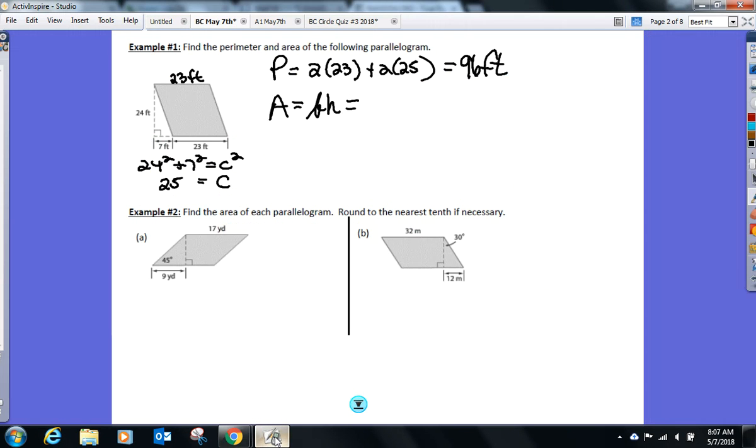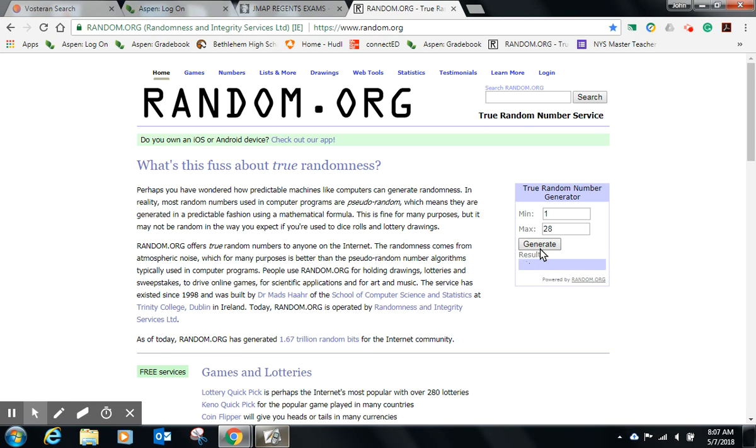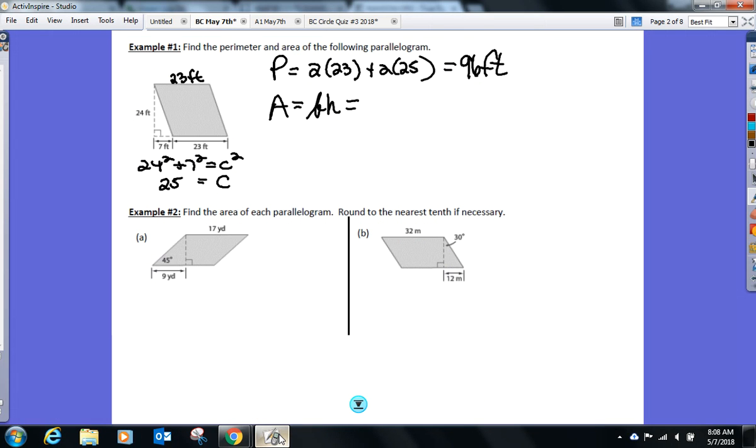25. Oh, nice. Here you go, 25. Okay, yep, perfect, because the height is what is drawn to it. What's the height? 24. Everyone see this right here.